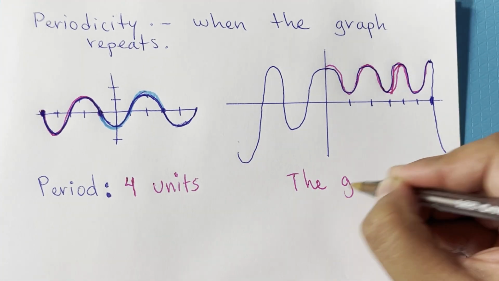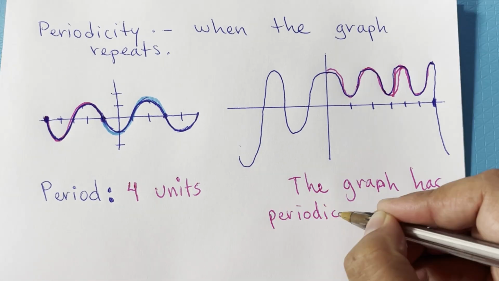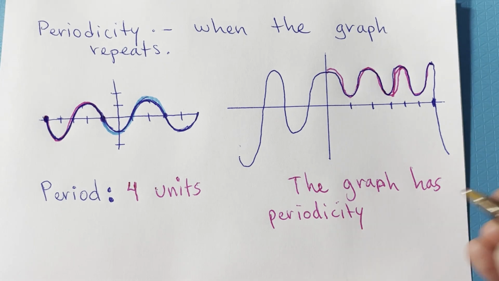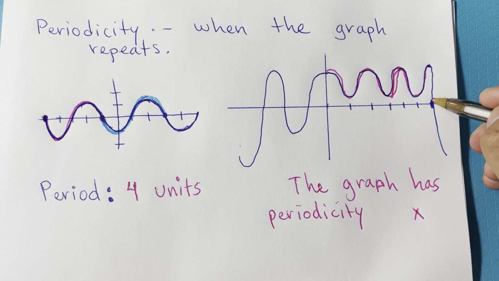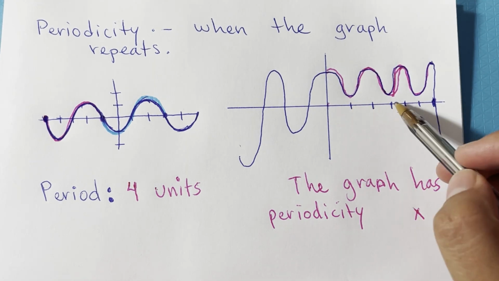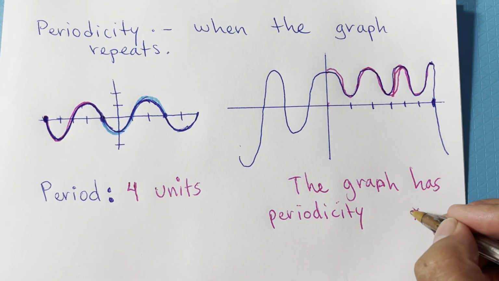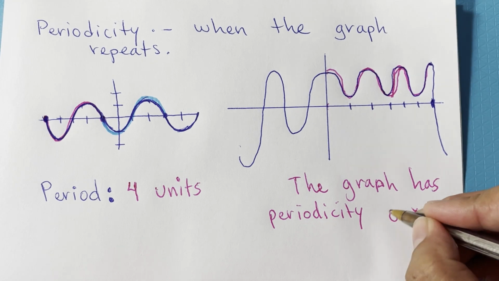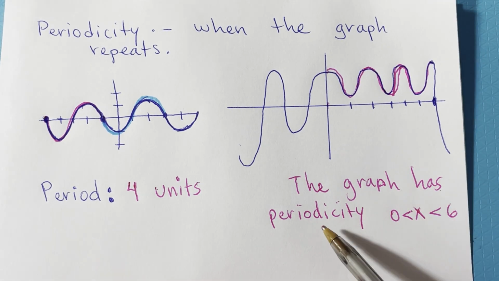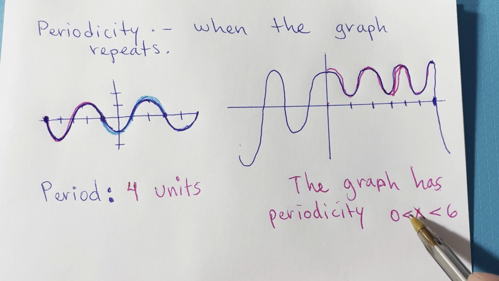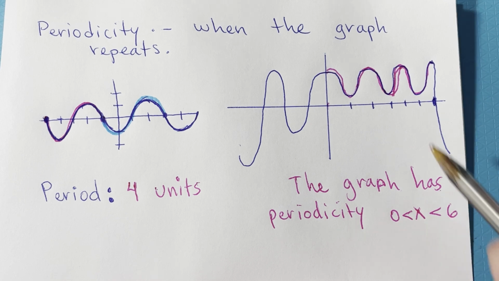The graph has periodicity when, for x, it's 1, 2, 3, 4, 5, 6. It's from 0 to 6. And here we can say the graph has periodicity when x is greater than 0 but less than 6.